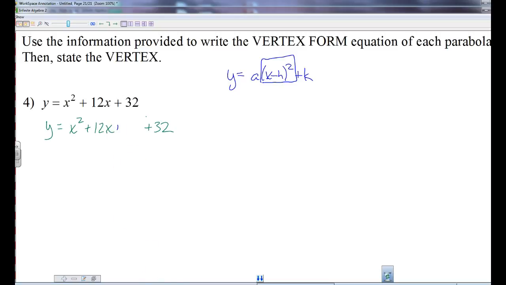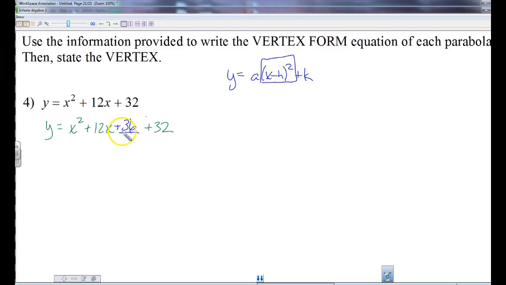What would I have to add here to make this a perfect square trinomial? Well, remember, we took half of this number and we squared it. Half of 12 is 6. 6 squared is 36. So I have to add 36. That will give me this part.